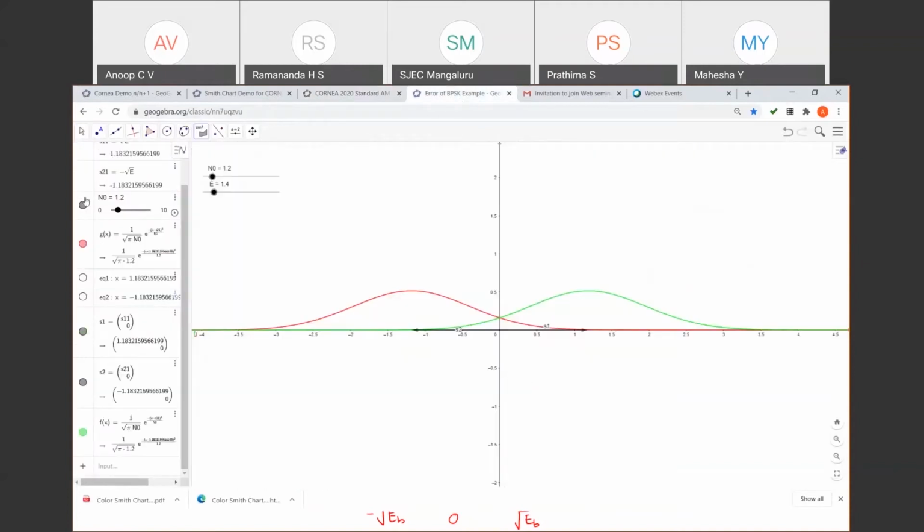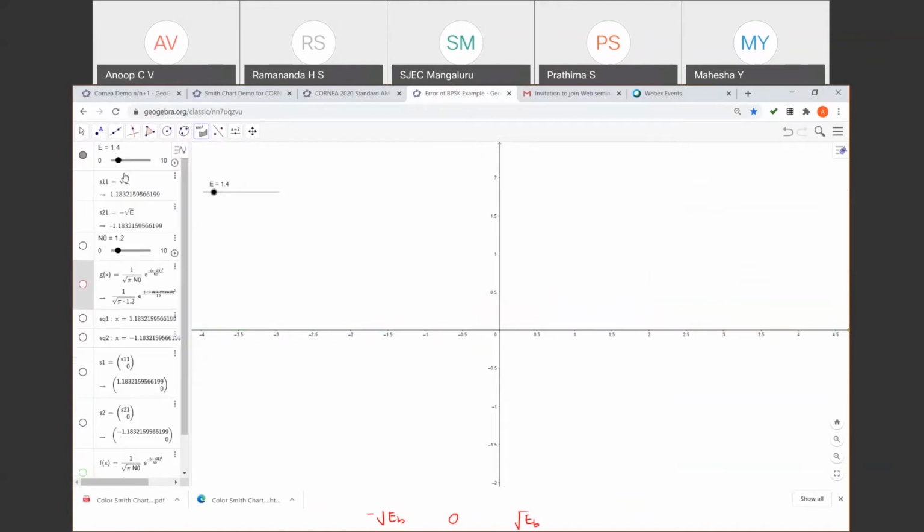So what I've done here is, again, I have the parameters. Energy E is one parameter, and I've defined the mean values of the two probability density functions as S11 and S21.